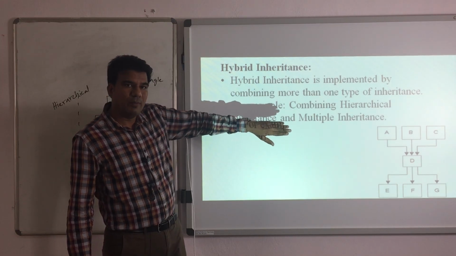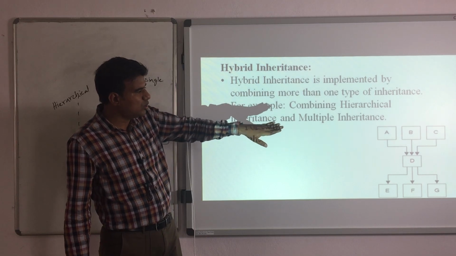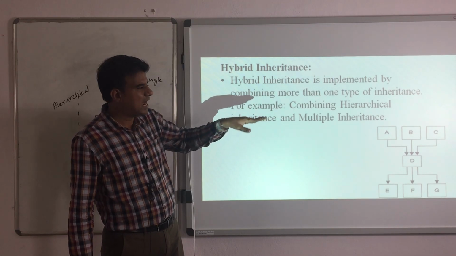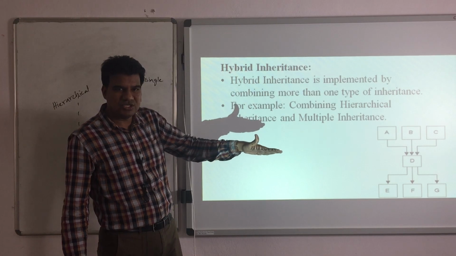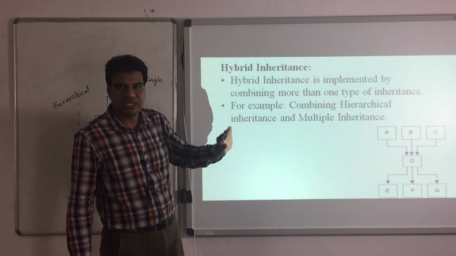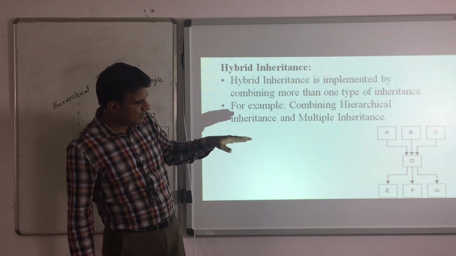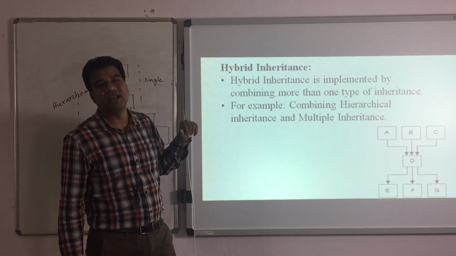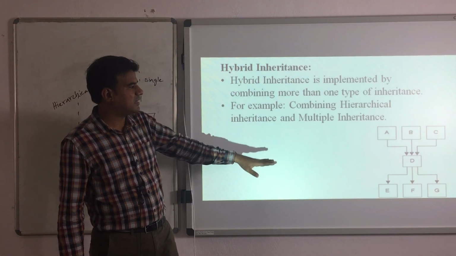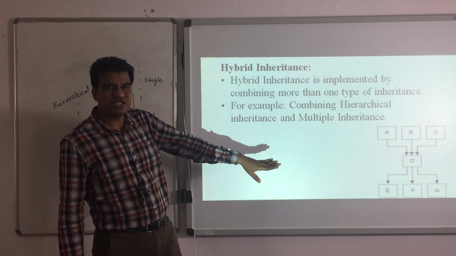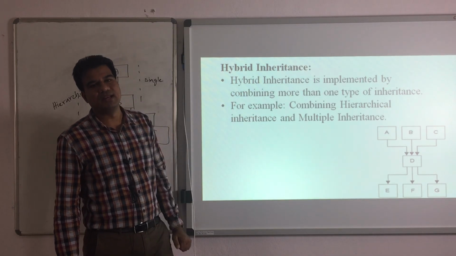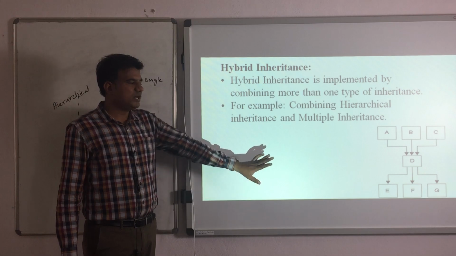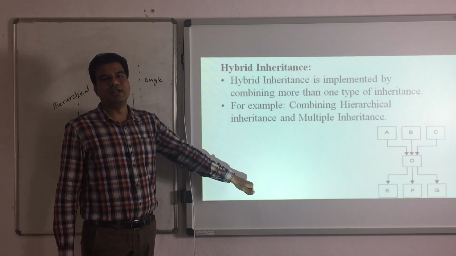And if you ignore the above three classes A, B, C, and consider D, E, F, G, the bottom four classes, then that is your hierarchical inheritance. So a combination of these two will become your hybrid inheritance.